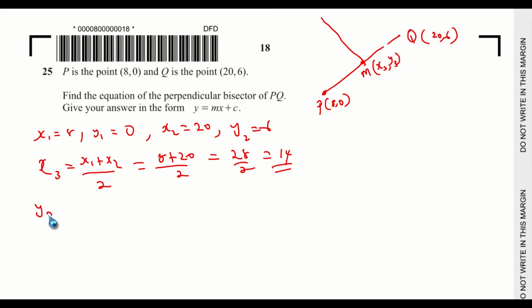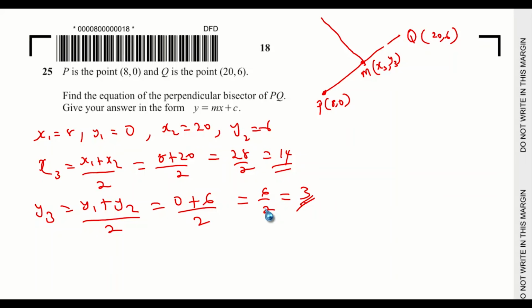Then y3 will be equal to y1 plus y2 over 2. So y1 equals 0, plus y2 is equal to 6, over 2. So that will be 0 plus 6, that will be 6 over 2. So that will be 3.